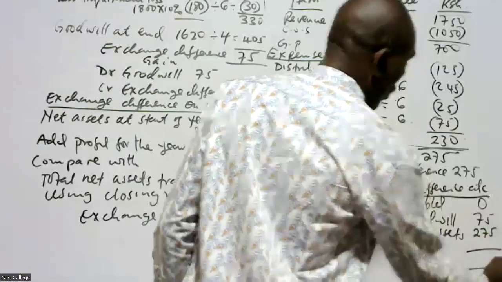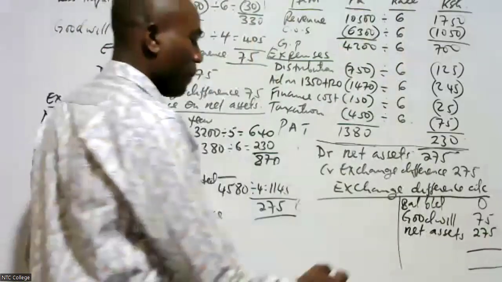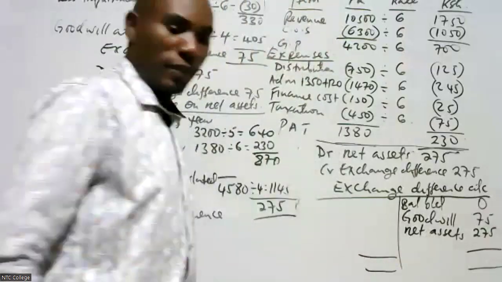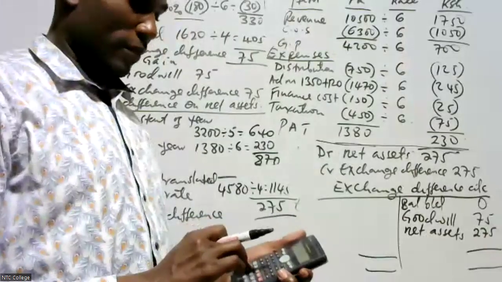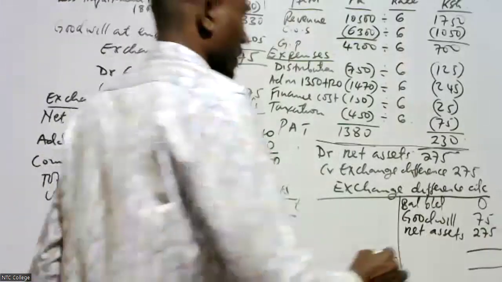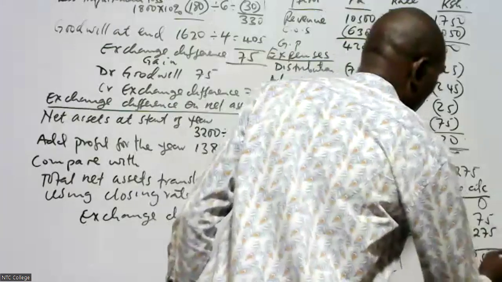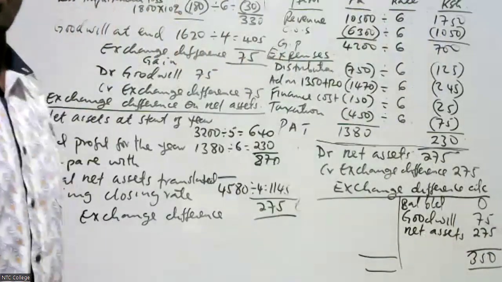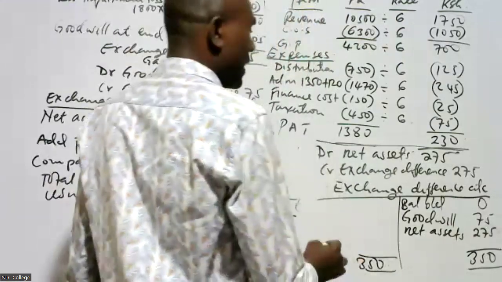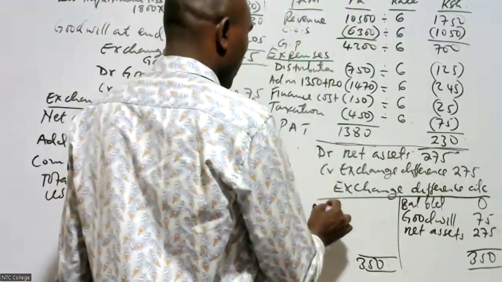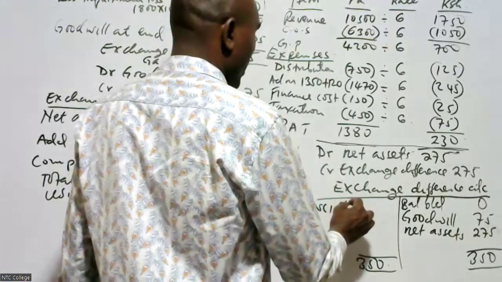Then you give me the total. How much is our total? 350. Now, out of that 350, we less the NCI share.